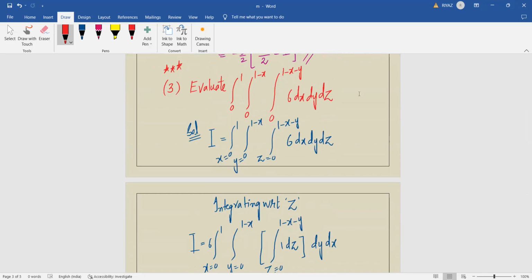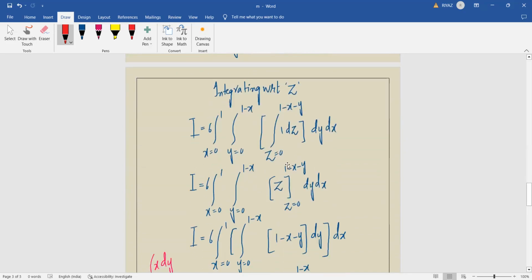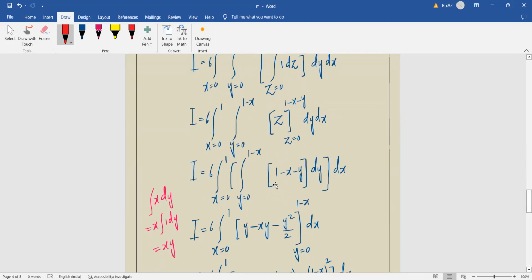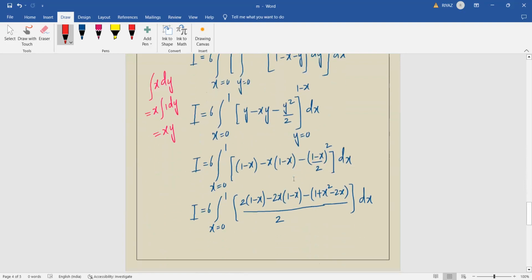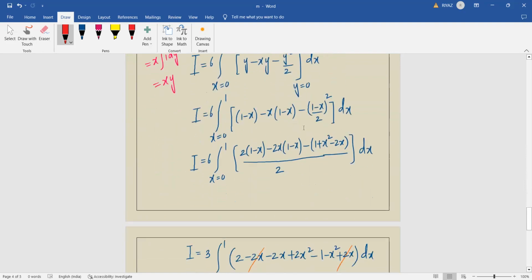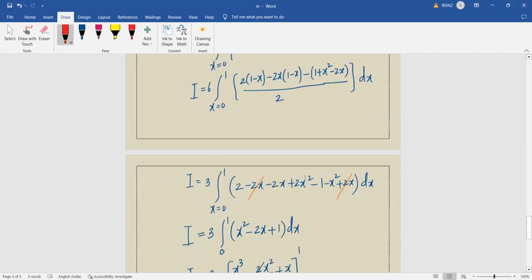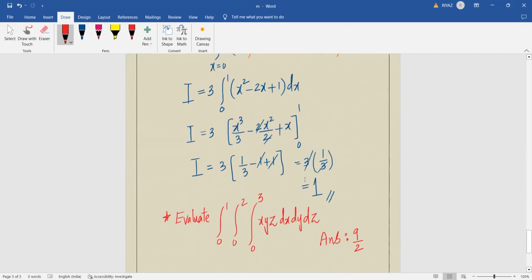In this way we started with respect to z, then substitute the limits, upper limit minus lower limit, and no more z is available. Now integrating with respect to y and simplifying, no more x or y is available. Finally with respect to x, and then the answer.